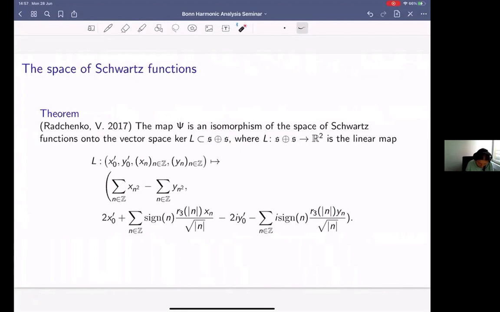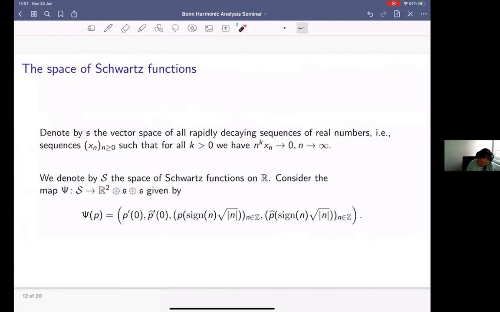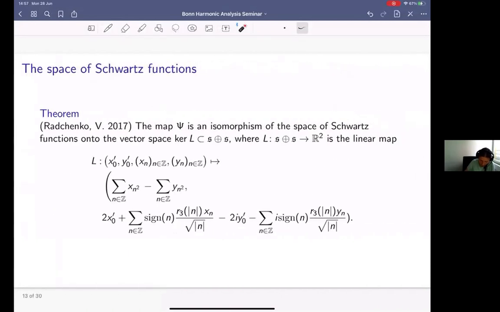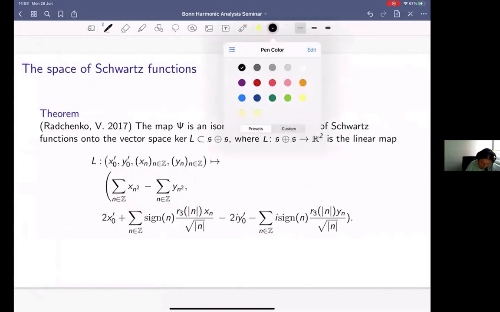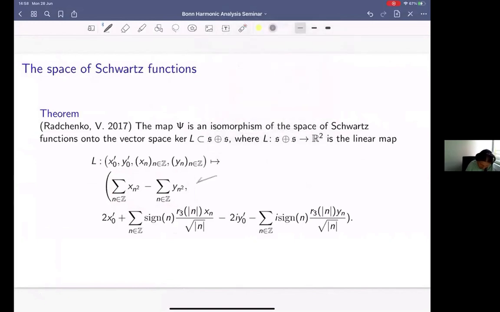It means that for every Schwartz function, if we consider all this set of values, then there are two linear relations between them, which are satisfied by all the functions. The first relation is essentially the Poisson summation formula for the lattice Z.